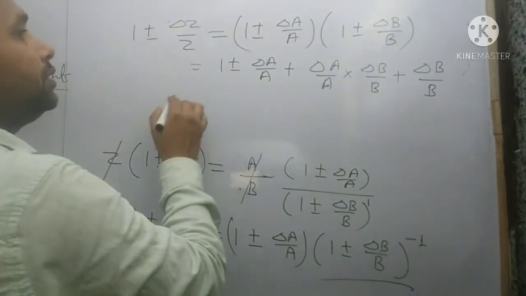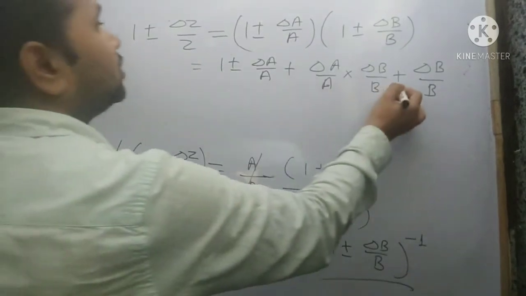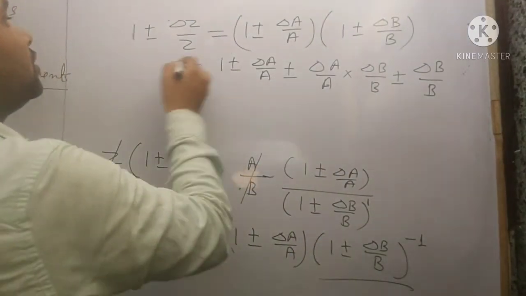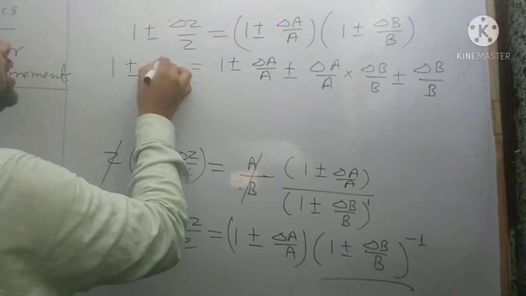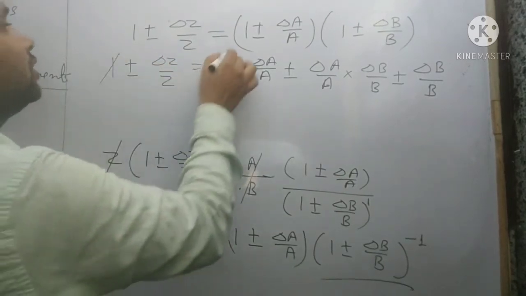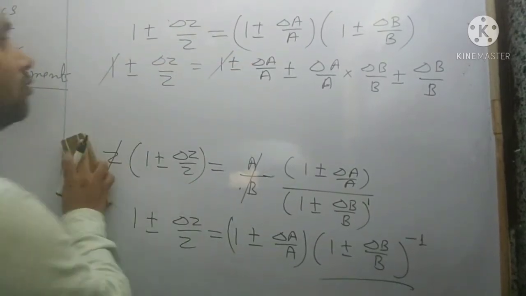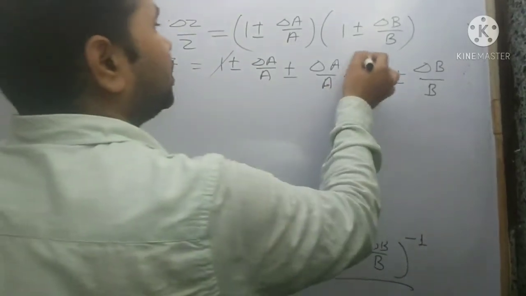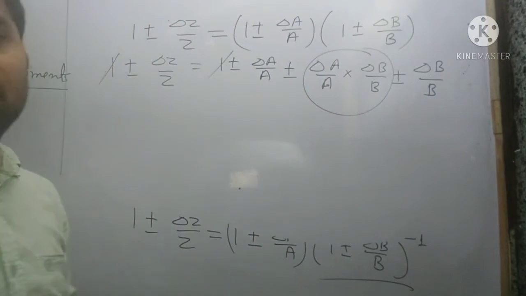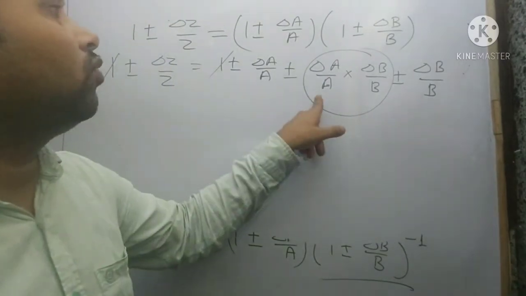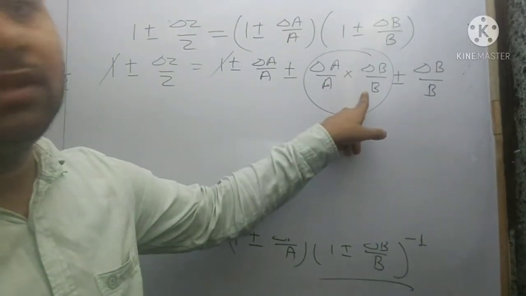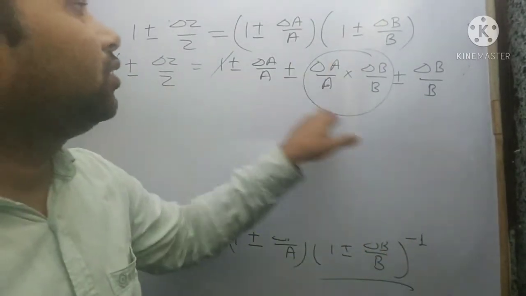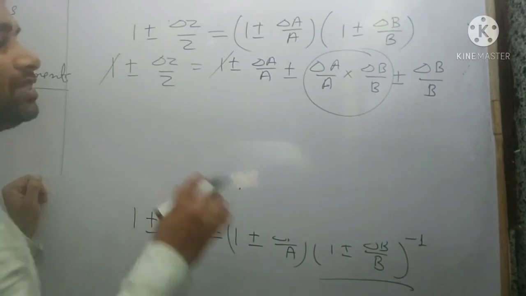So see here, this should be plus minus, here also plus minus. So see here, 1 plus minus delta z by z, 1 cancels, 1 cancels, what is left? And now again see this term, delta a by a is a small quantity, delta b by b is a small quantity, so the product of these two will give a very small quantity. So we ignore it, meaning we neglect it.